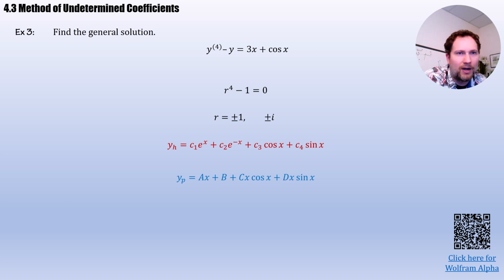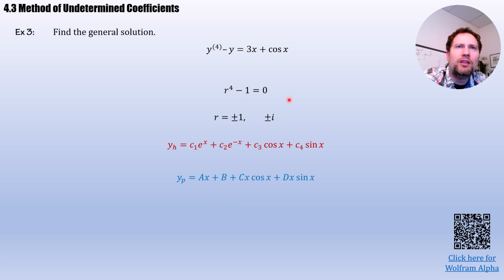Now the particular solution, if we're going to use the undetermined coefficients method here, is going to have that ax plus b. That comes from the 3x part of the non-homogeneous term over here, has this 3x, so we need that ax plus b.